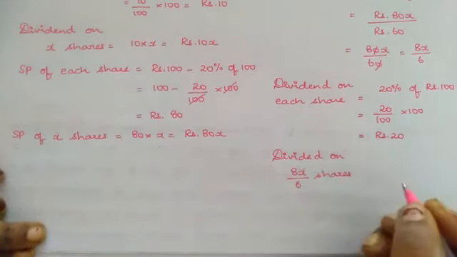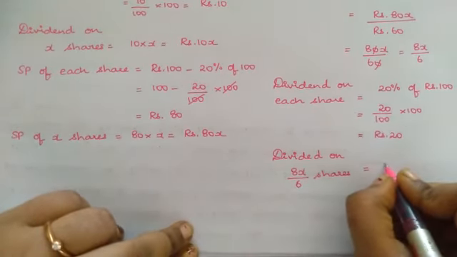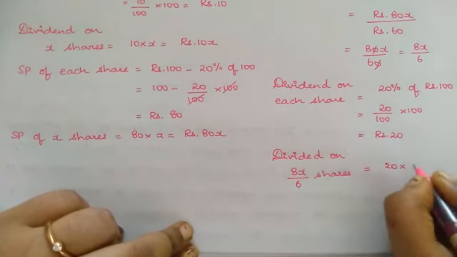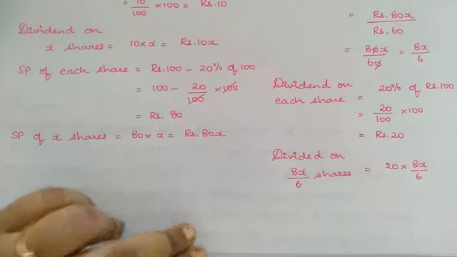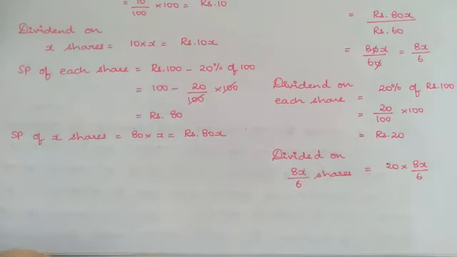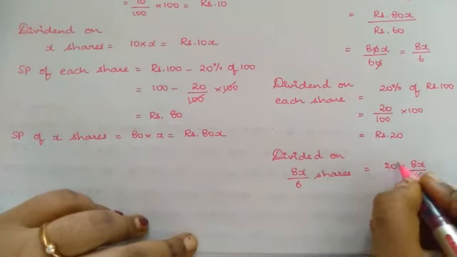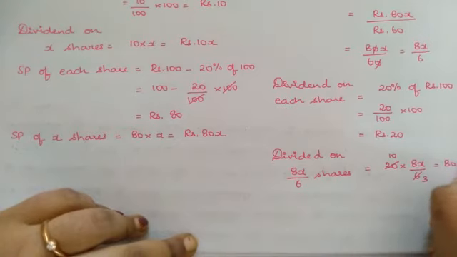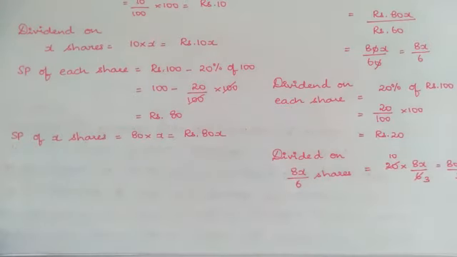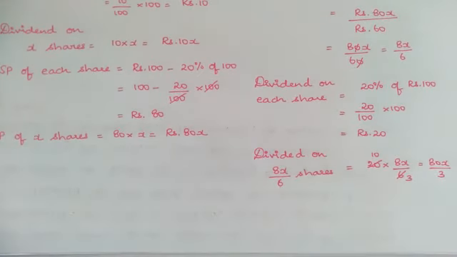So the dividend on 8x by 6 shares will be the dividend on each share into the total number of shares, 8x by 6. If it is possible to simplify, let's simplify. This will be nothing but 80x by 3. So he is getting rupees 80x by 3 as a dividend on all his shares in company B.